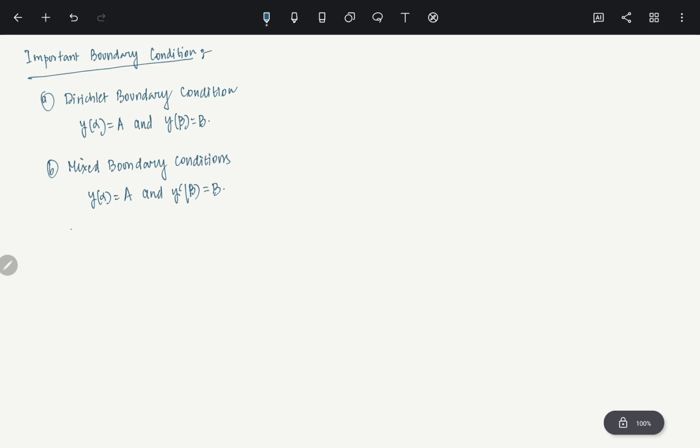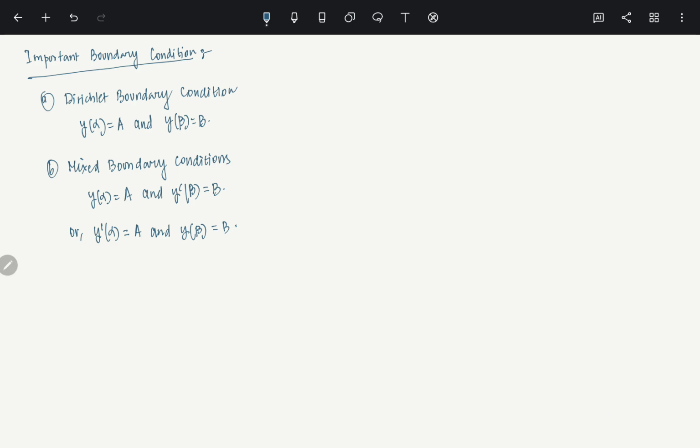Or one can also have y prime at the point alpha is A and y at the point beta is B. So basically mixed means I have data for y prime also and y also, at the two different points alpha and beta. So let's say it is B. That's your mixed boundary condition.